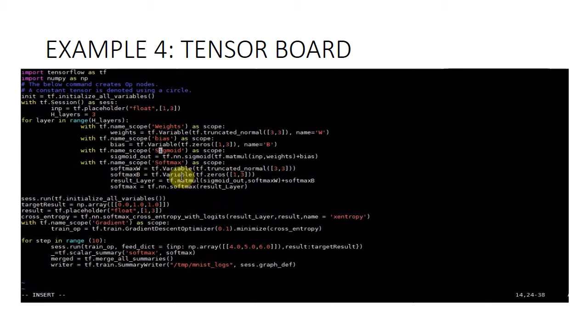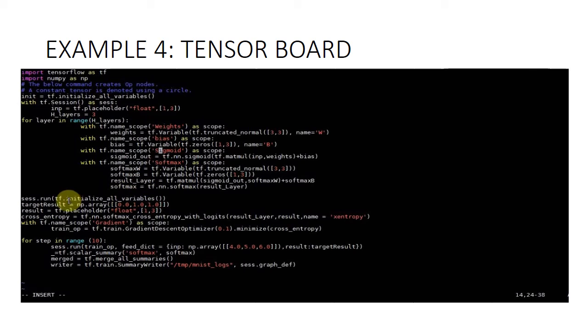The matrix product is then added with the bias value of the softmax layer. The result underscore layer is used in the softmax function. It is used as an argument with the softmax function to get the output from the hidden layer as softmax.